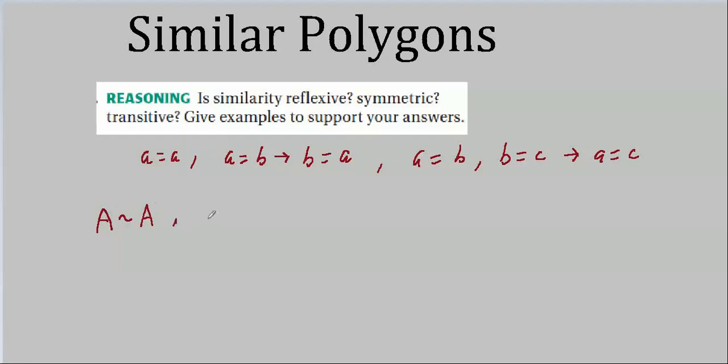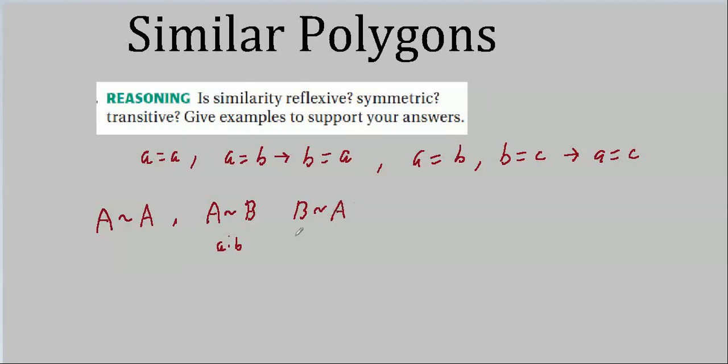What about this one? Let's say A is similar to B. Now there's some similarity ratio, we'll call it A to B. Is there a similarity ratio going the other direction for B to A? The answer is yes.